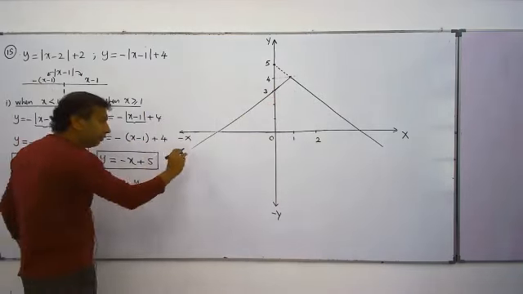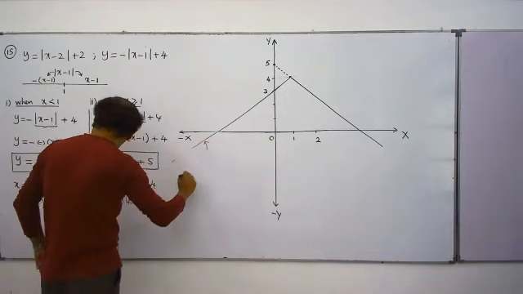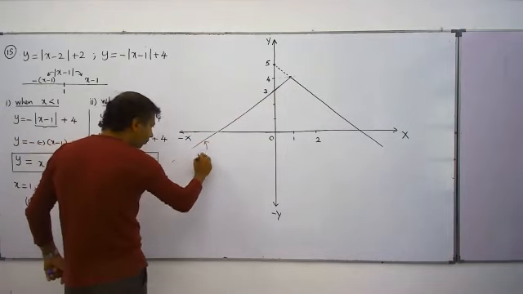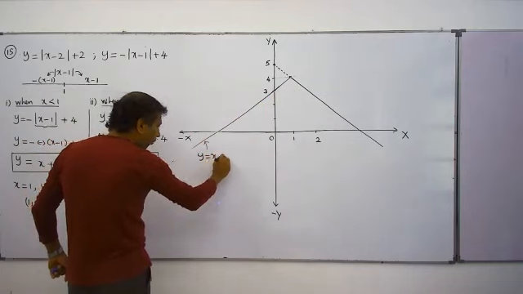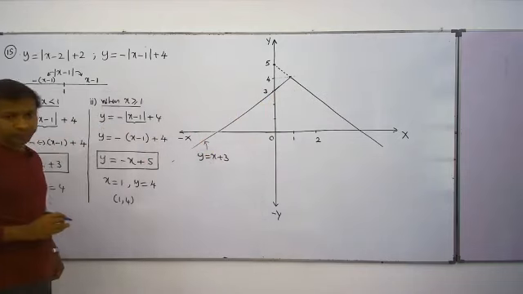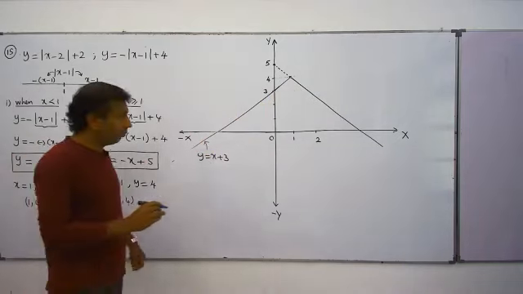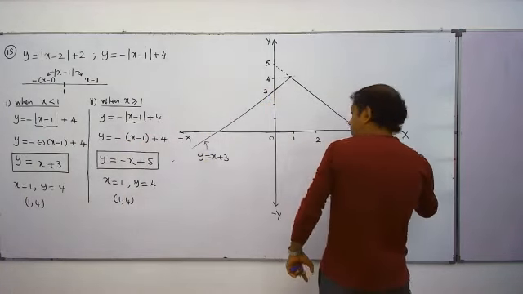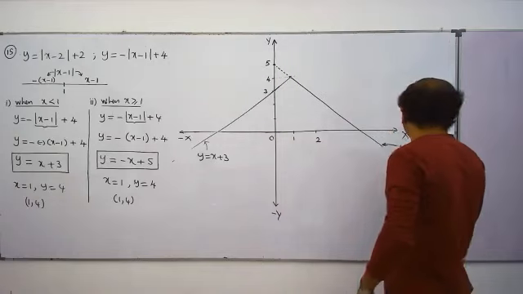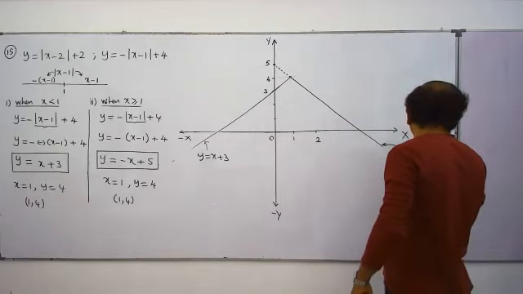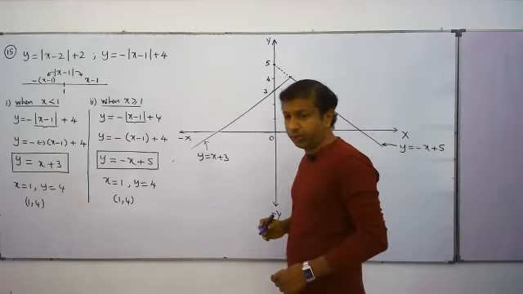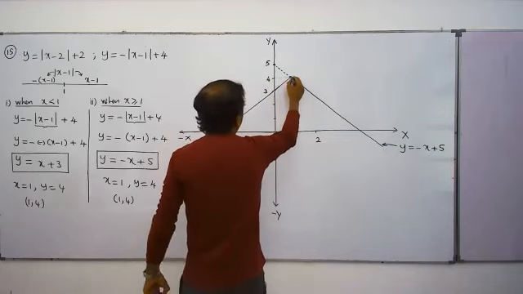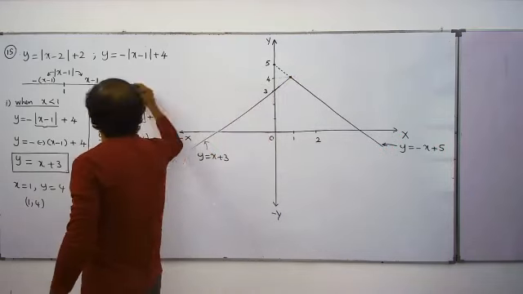Then this equation, if we consider, it's y equals x plus 3. And this one, y equals minus x plus 5. Right. So we do that one. This point is the 1, 4 point. Yeah. This graph is now okay, people.